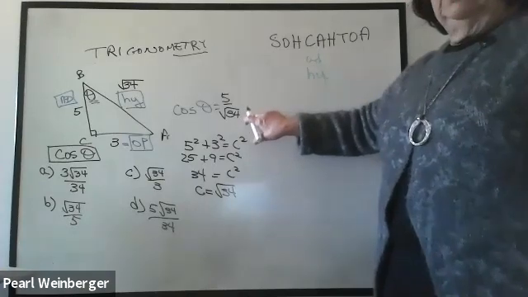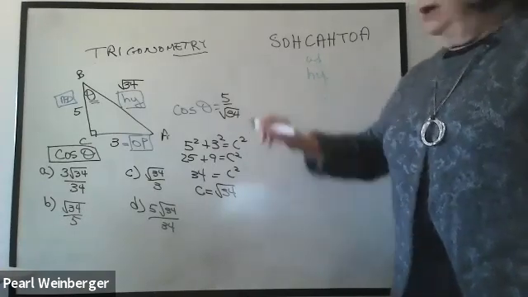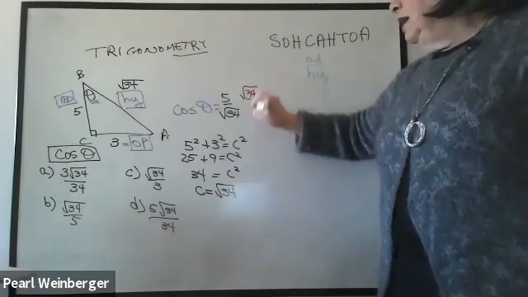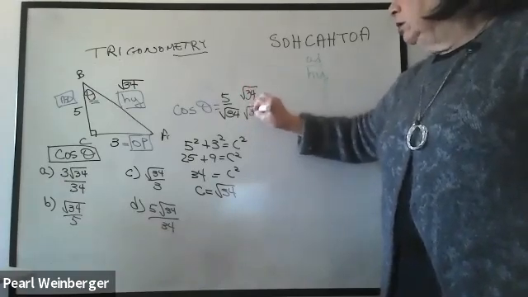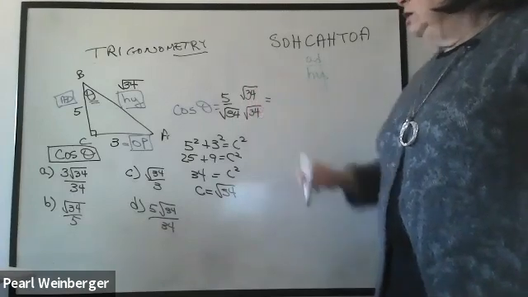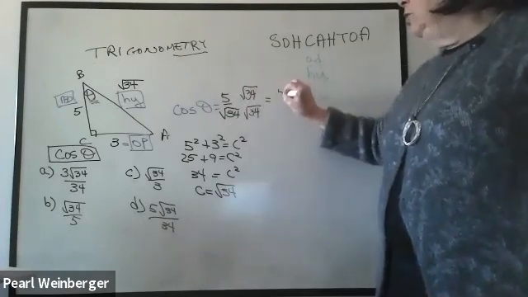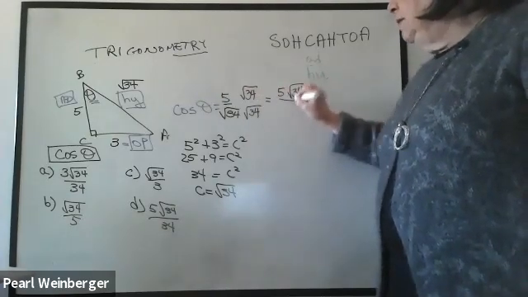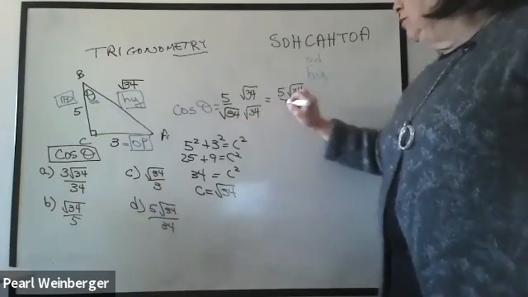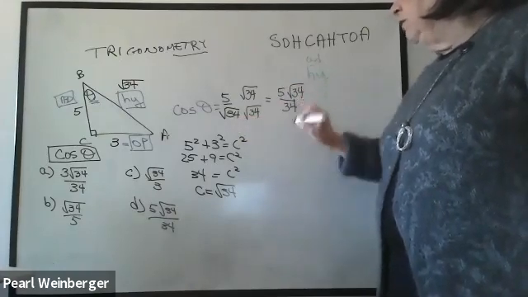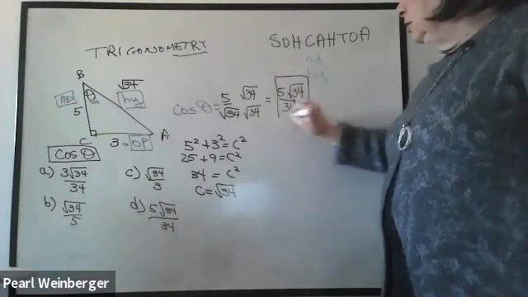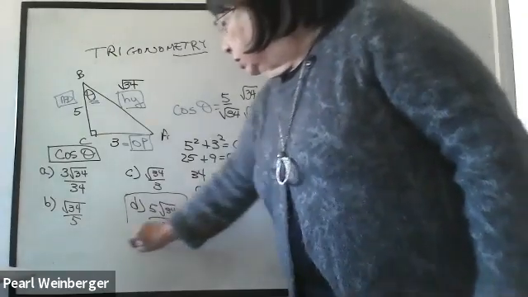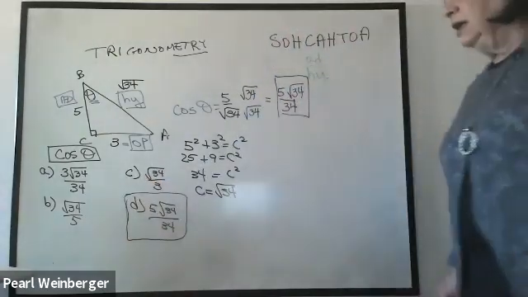When your denominator is a single term with a radical, you just multiply the top and the bottom by that radical so that you get as a numerator 5 radical 34, and the denominator radical 34 times radical 34, which is, right, just plain 34. This would be your answer, which is choice D. That would be the correct answer.